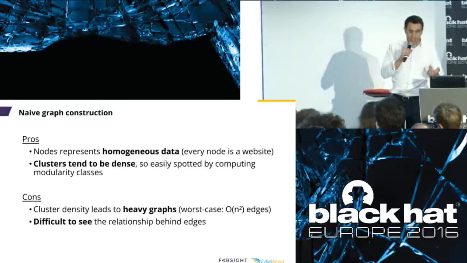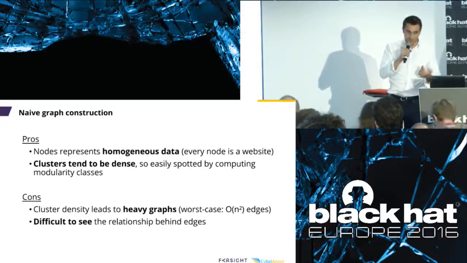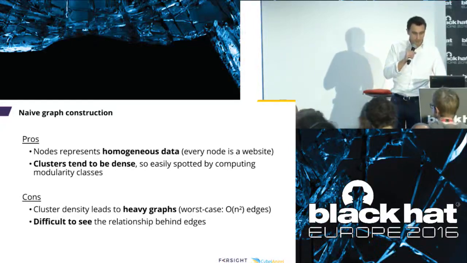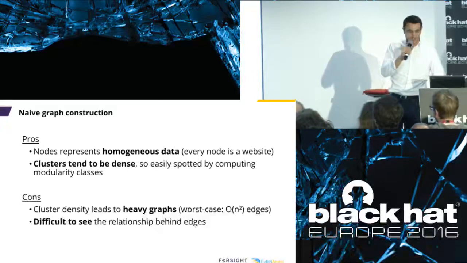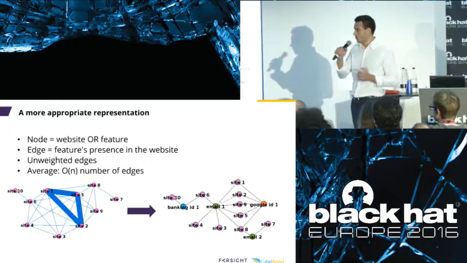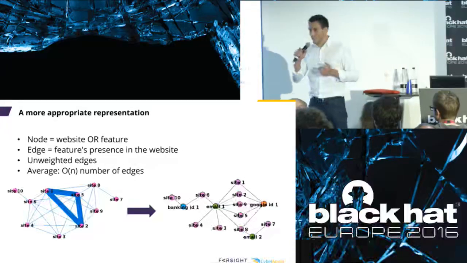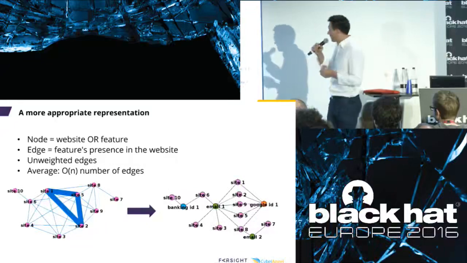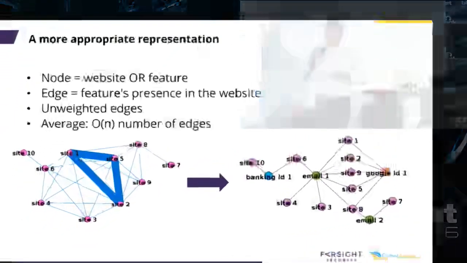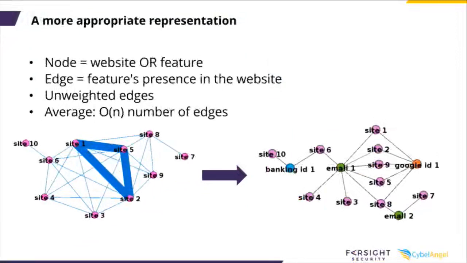We ended up with a heterogeneous way of representing the same data. It's less natural, but it's much more suited to this problem. Here, a node can be either a website or a feature. So here I see in pink the websites, and in the other colors I can see the features. Blue would be the banking IDs, green the emails, etc. I can see the website number 6 here.